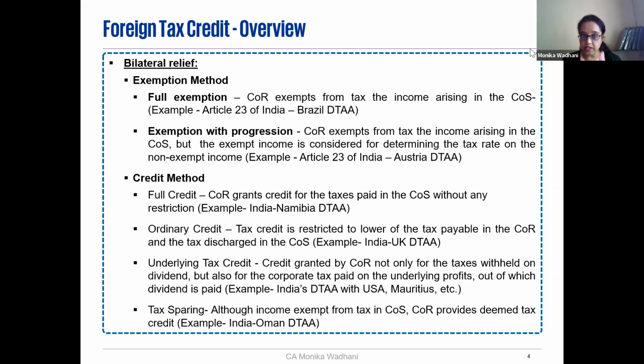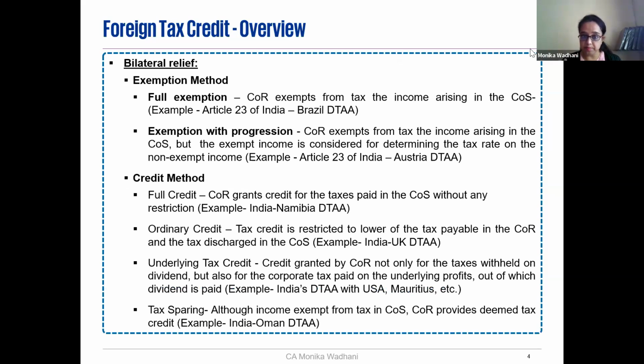Under bilateral relief, which is under DTAA, there are further various kinds of methods provided for elimination of double taxation. One method is the exemption method. Another method is the credit method. Within the exemption method, there could be two kinds: full exemption, where the country of residence fully exempts the income arising in the country of source.